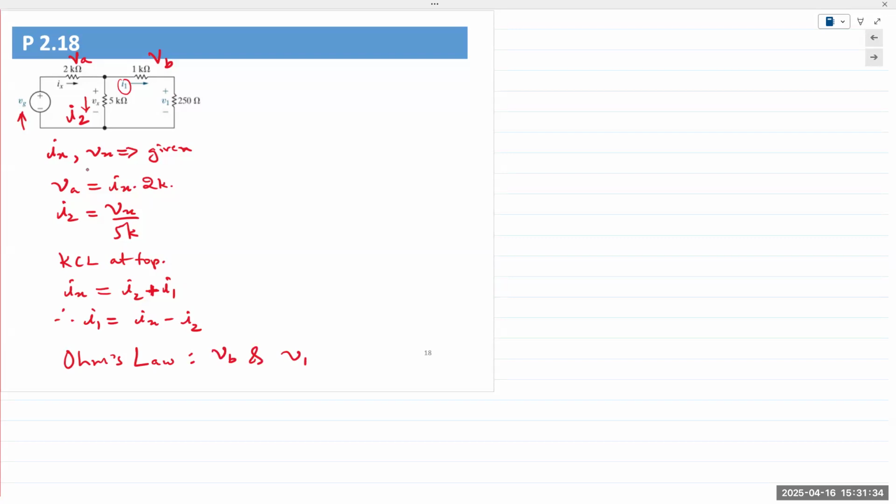Okay. And once you have Vx and VA, KVL either in the outer loop, meaning the big outer loop, or in the left loop, to find Vg.